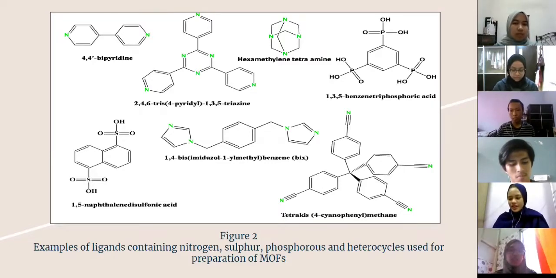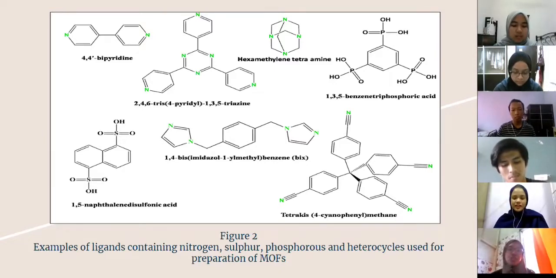For example, we have bipyridine, hexamethylenetetramine, 2,4,6-tri(4-pyridyl)-1,3,5-triazine, 1,3,5-benzene triphosphonic acid, and 1,4-bis(imidazol-1-ylmethyl)benzene, and 1,5-naphthalene disulfonic acid, and also tetrakis(4-cyanophenyl)methane. Next.